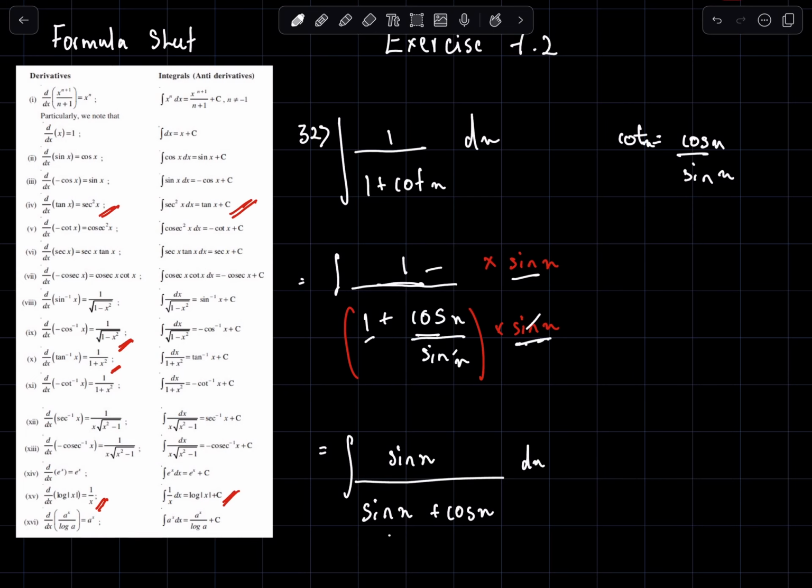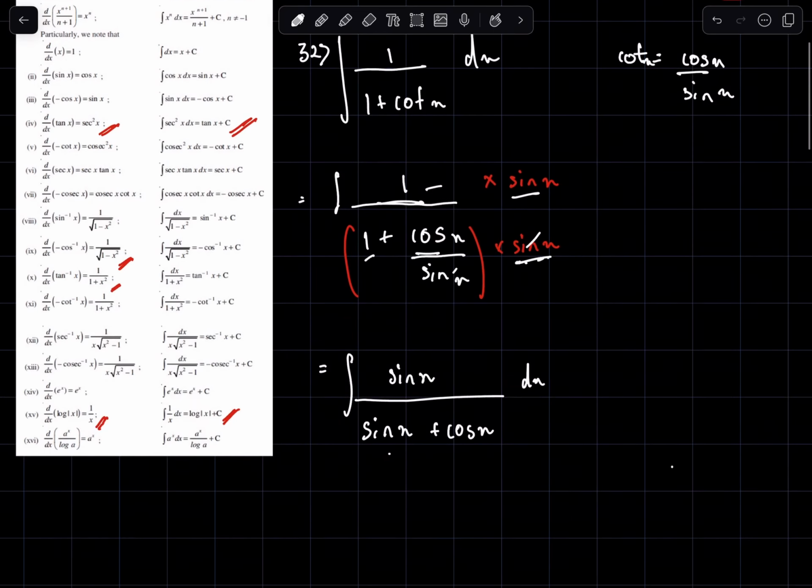So if the denominator is sine x plus cos x, in the numerator you want the same thing, but its difference. So you want sine x minus cos x. As simple as that. It's really that simple.